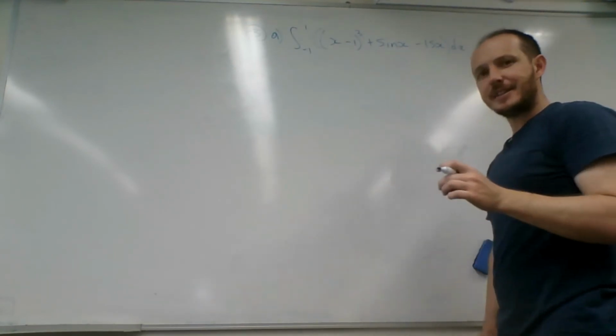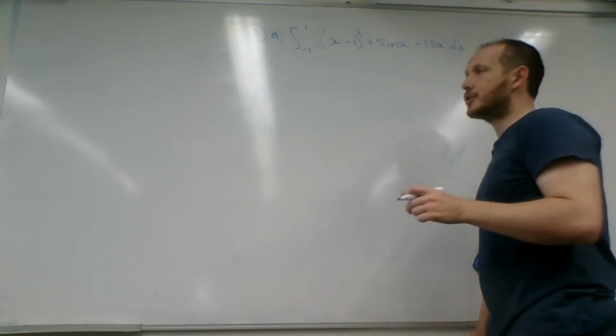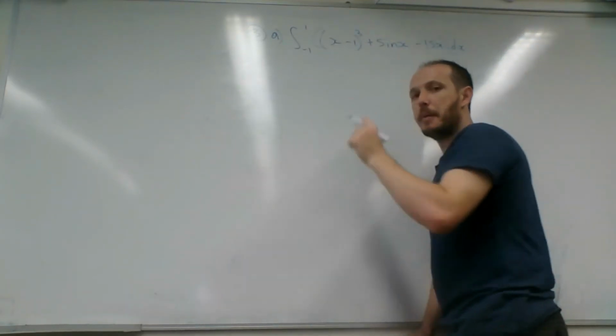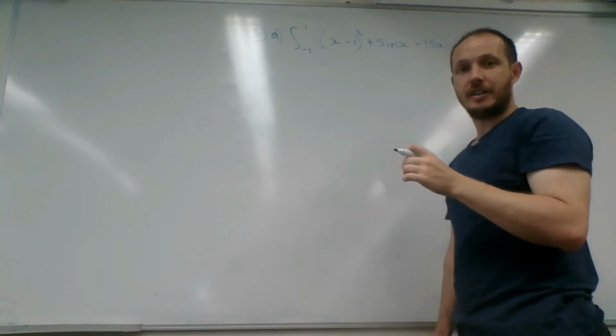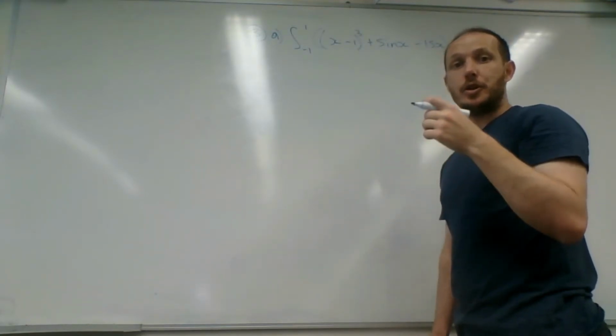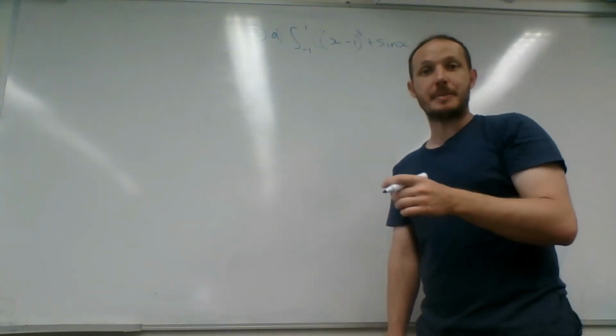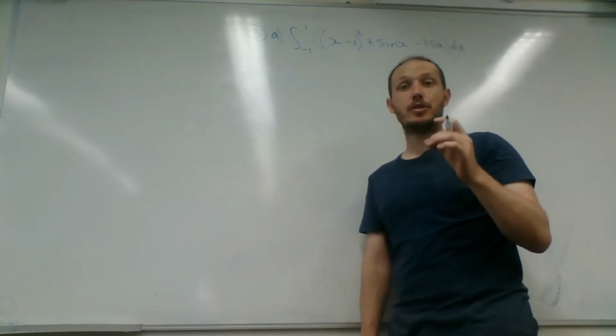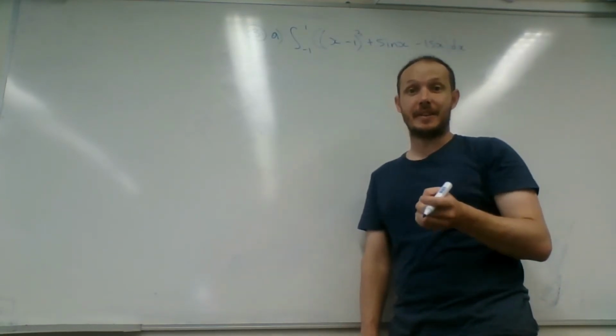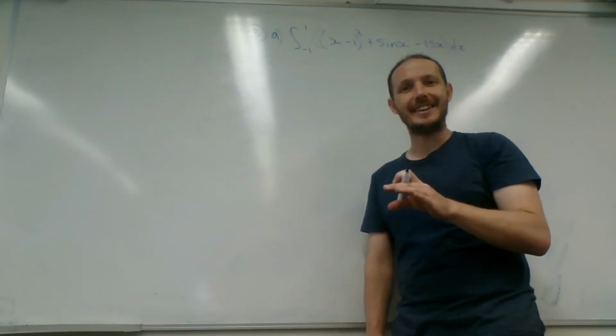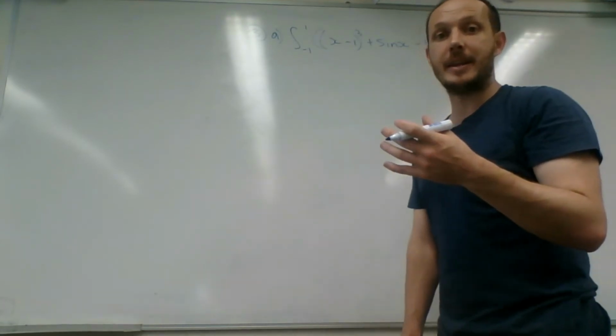Now remember, to test if something is odd or even, you can find f of minus x for each function. If it's equal to minus f of x, that means it's odd. If it's equal to just f of x, that means it's even. If it's not equal to either, it is neither odd nor even.